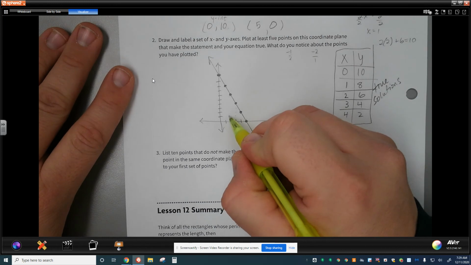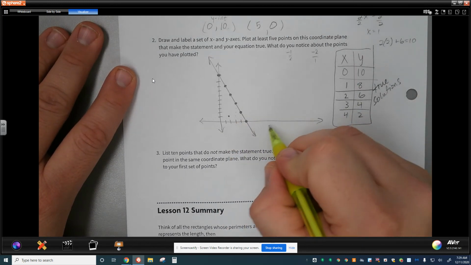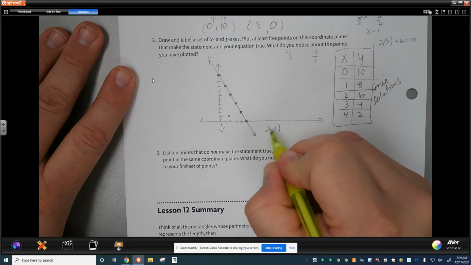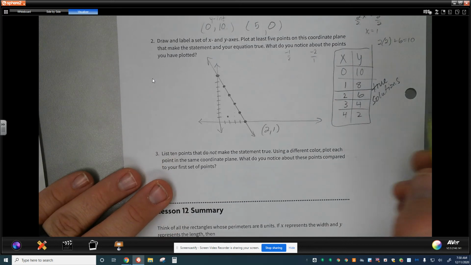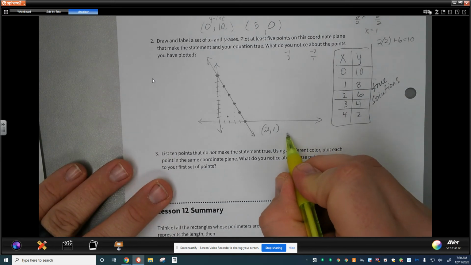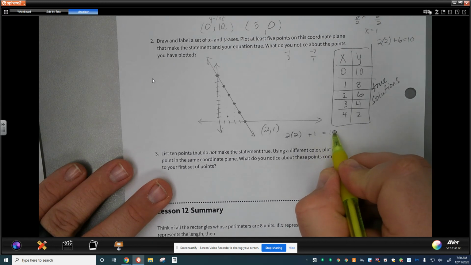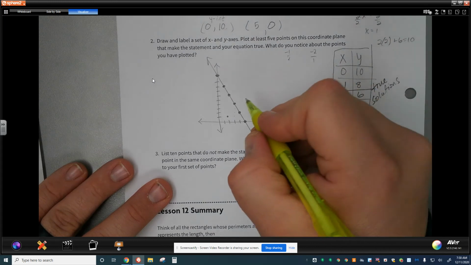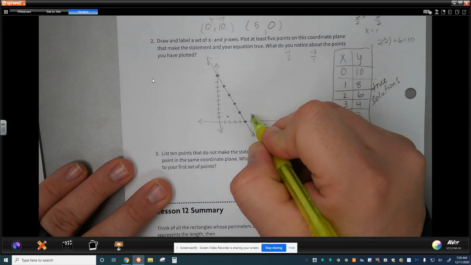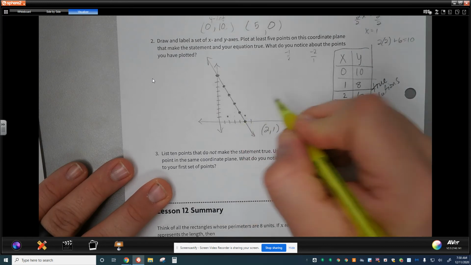But if I take another point that's like right here, that's in the vicinity, this is at 2 and 1, since that's not on the graph, that will make our equation false. And we can see that by going 2 times 2 plus 1 equals 10. No, that's 4 plus 1, that's 5. That's not equal to 10. If I picked one right over here, like what if I just did one right here, 5 and 1?